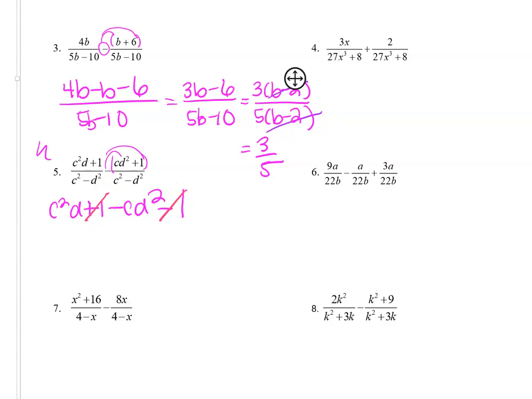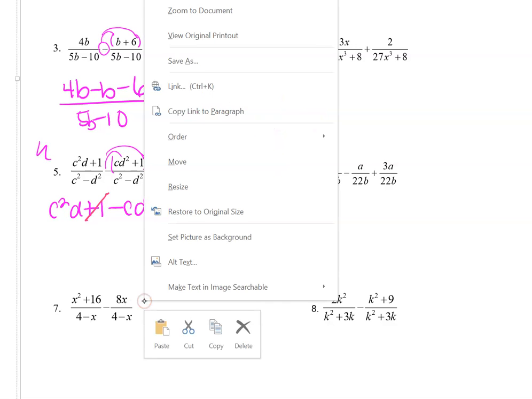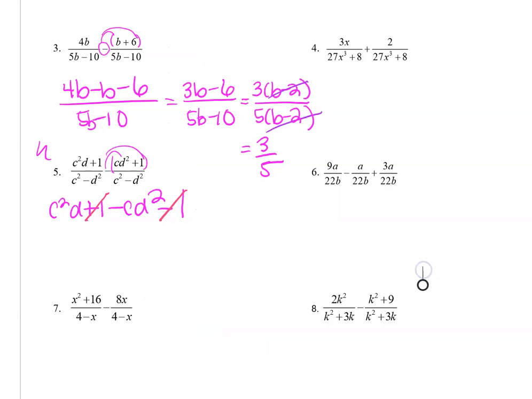So this leaves me with c squared d minus cd squared all over c squared minus d squared.